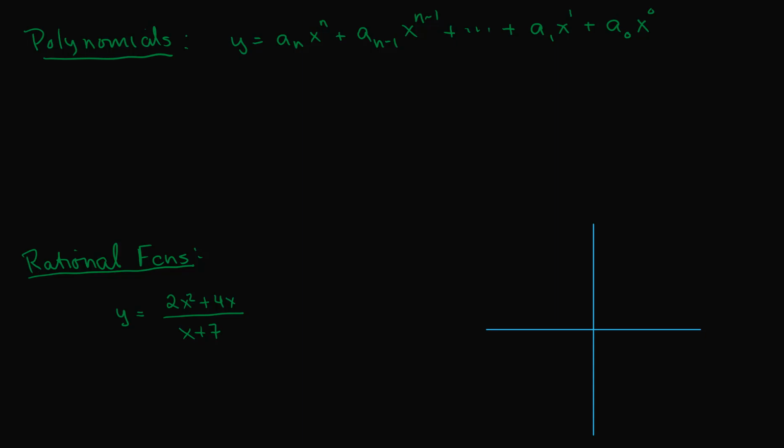But recall, any number to the 0 power is really just 1. So what I have here is a sub 0 times 1. When you see this published, the x raised to the 0 power will not be there because the publishers will have assumed that you realize that the last term does have x, but it's x raised to the 0 power, which is just 1, and we don't bother with that.